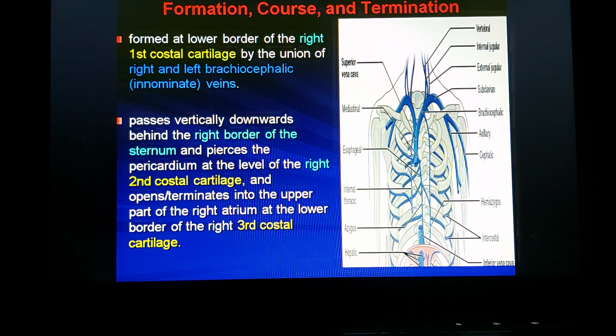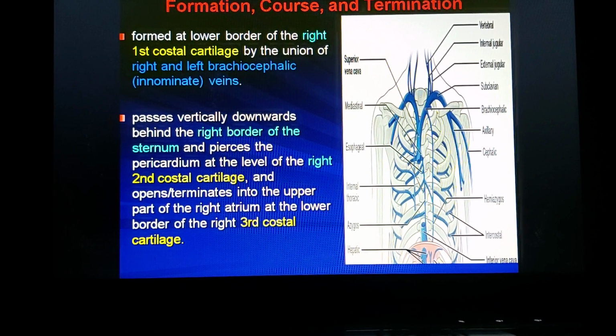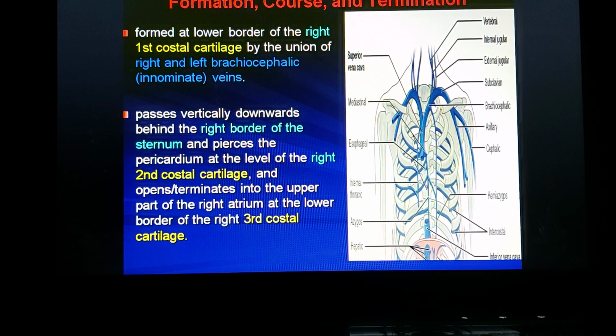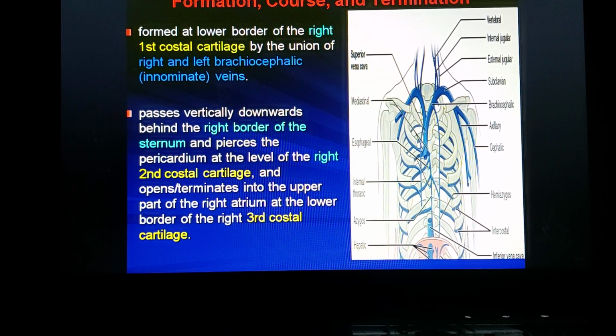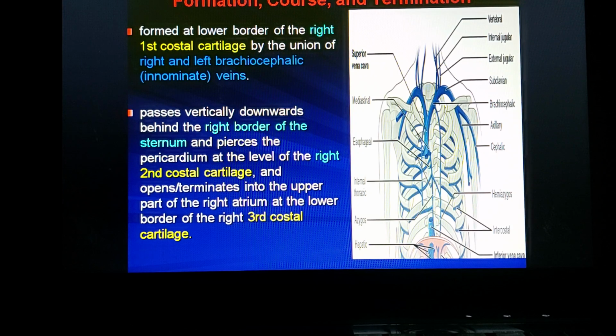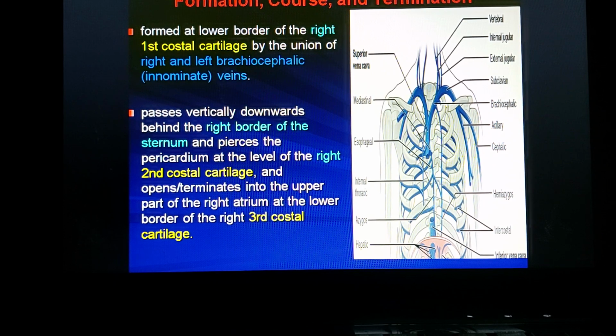Formation is by the right and left brachiocephalic veins at the lower border of the right first costal cartilage. The course is vertically downwards behind the right border of the sternum, and it pierces the pericardium at the level of the right second costal cartilage.